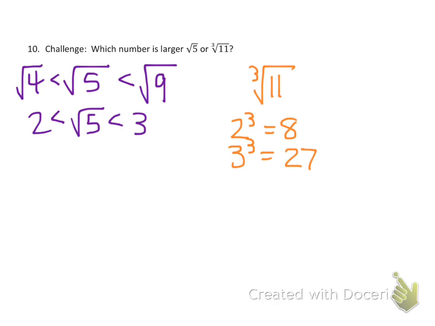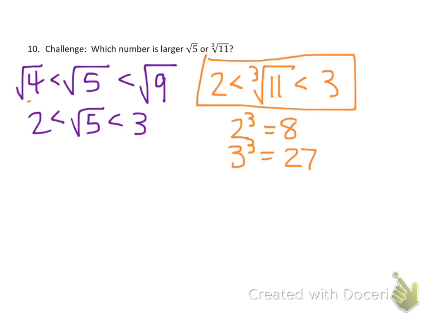So the cube root of 11 would have to be greater than 2 and less than 3. Okay, so if we just go to integers, we can't quite compare them yet. So we're going to have to take it a step further.